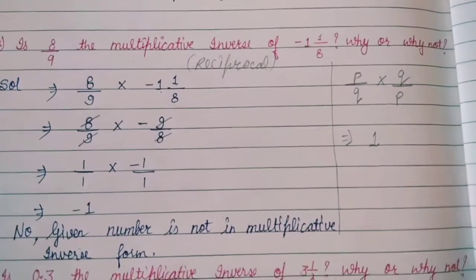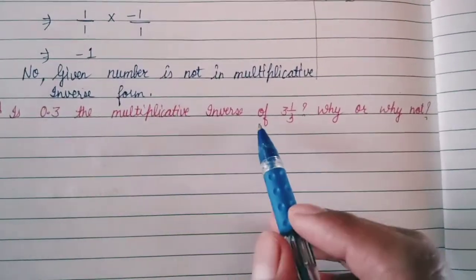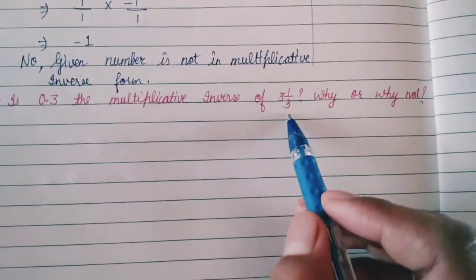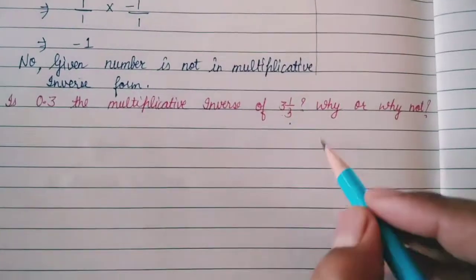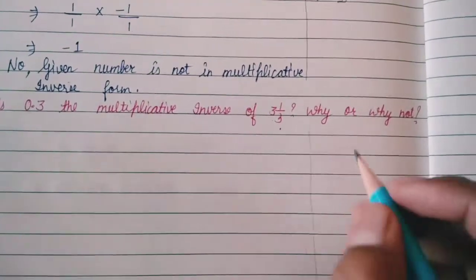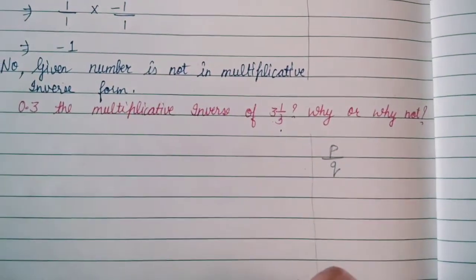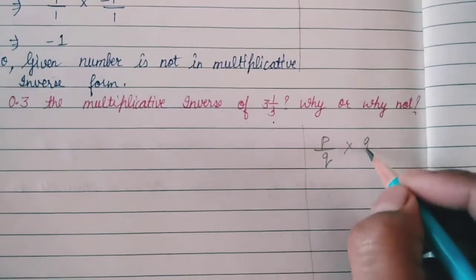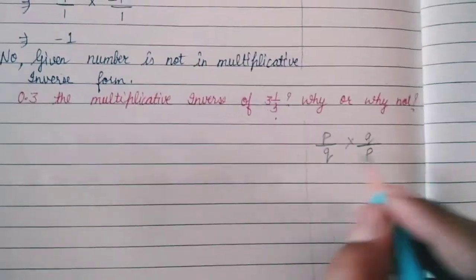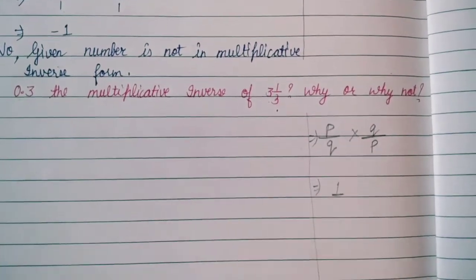Next question is: is 0.3 the multiplicative inverse of 3 1 by 3, why or why not? Same condition that I am repeating once again. Multiplicative inverse tells us that if we have a number P upon Q, its multiplicative inverse means reciprocal, Q upon P. When we multiply them, the answer must be positive 1.